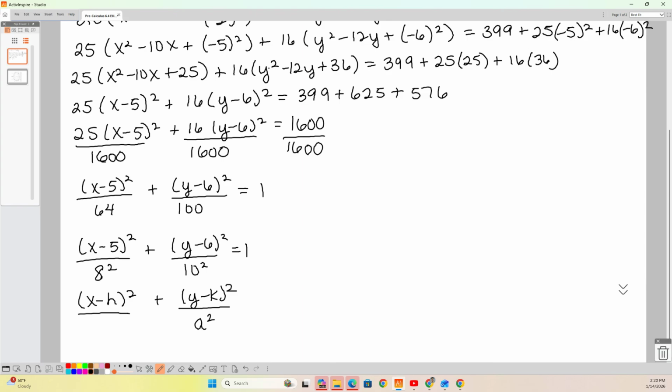And then our smaller denominator, b squared, is underneath the x squared term, and this equals 1. And this is the formula for the standard form of a vertical ellipse, because a is always greater than b with ellipses, and a squared is in the denominator of the y squared term, which makes it a vertical ellipse.